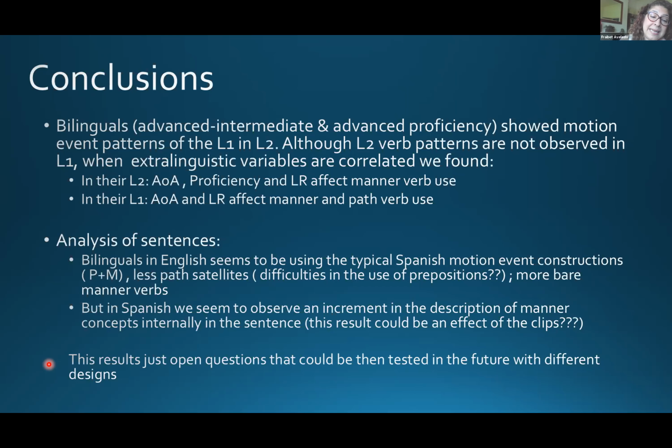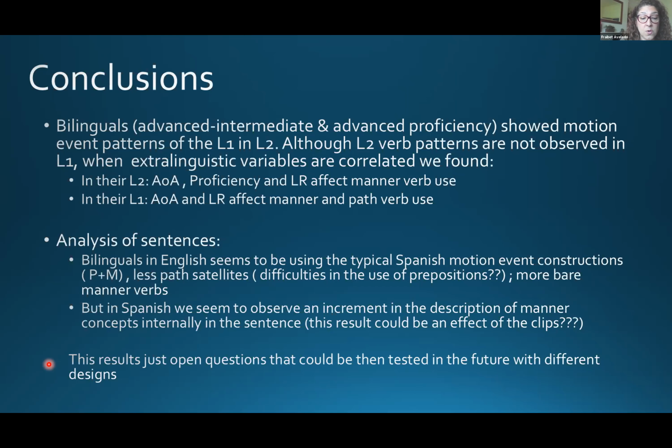But also in Spanish, we are observing a more significant description of manner concepts in these sentences. Up to what point this is an effect of the task is something to be, of course, analyzed.